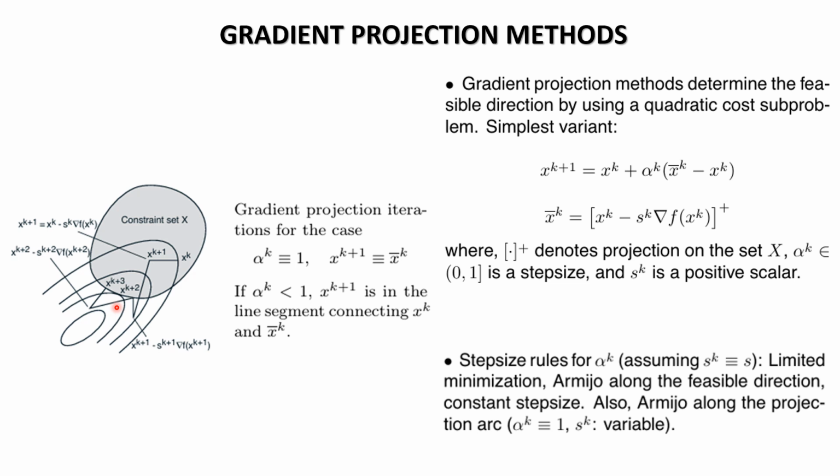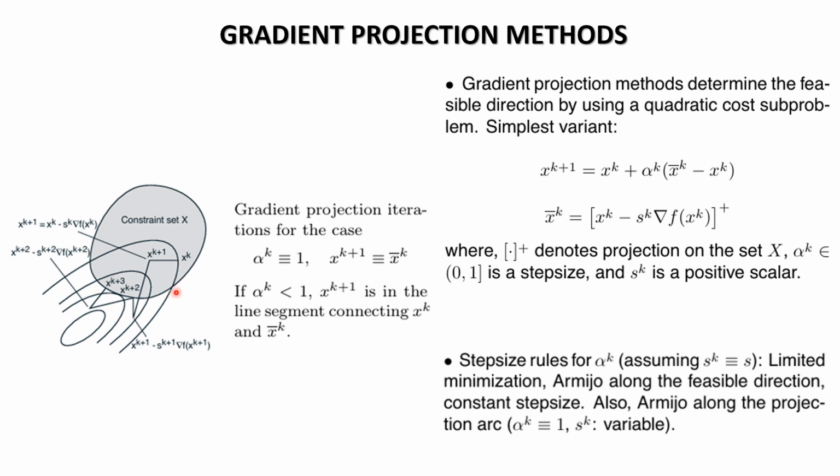So here we can consider, as usual, level curves, contours of equal cost, gradient steps pointing outside the feasible set, and projection bringing them back inside, and updates moving from xk to xk plus 1 staying within the constraint set X.